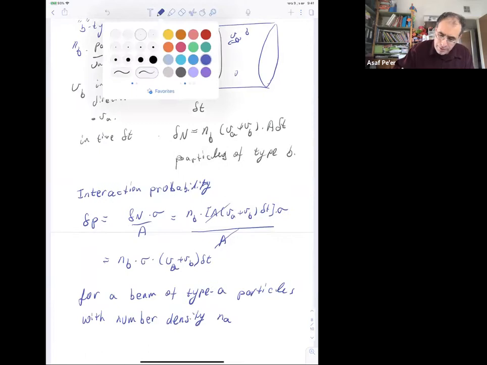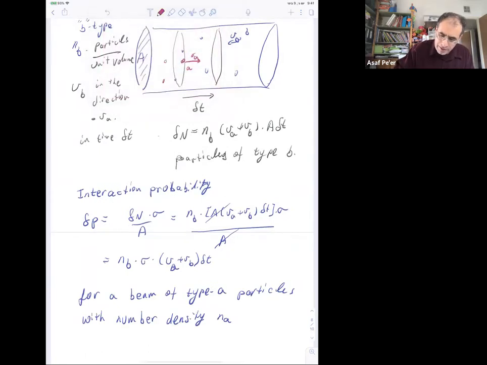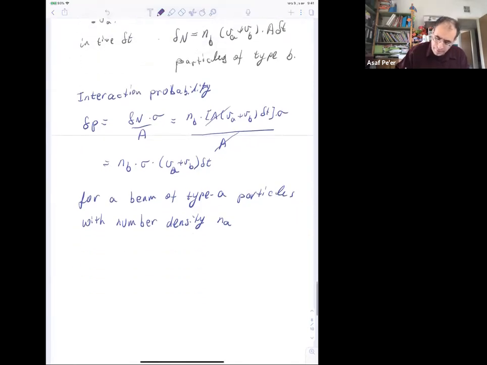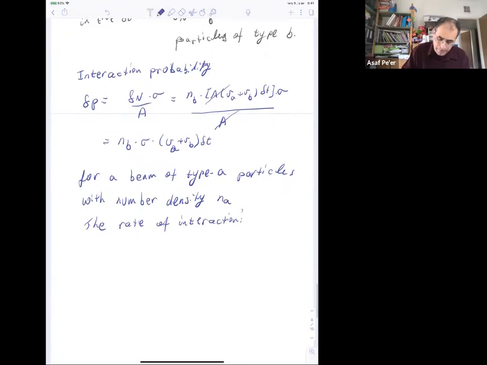So now I'm introducing many A-type particles. And the rate of interaction. What's the rate of interaction?